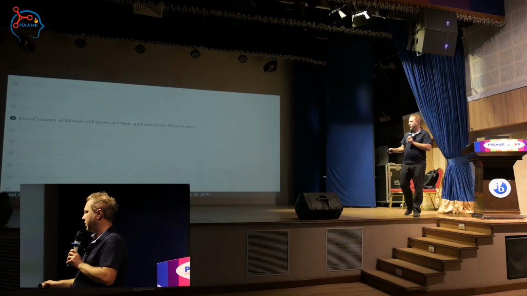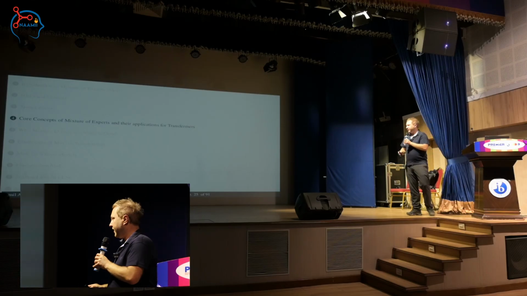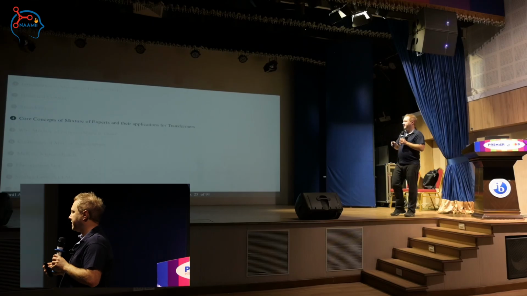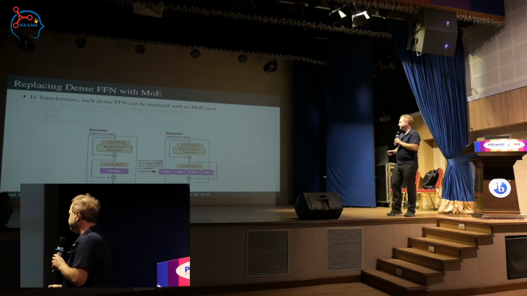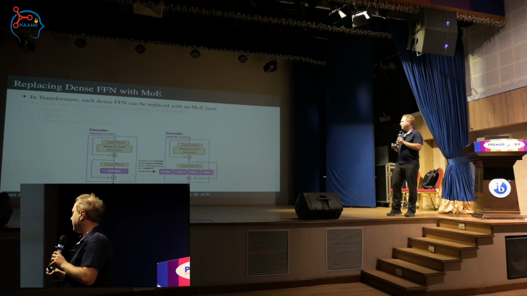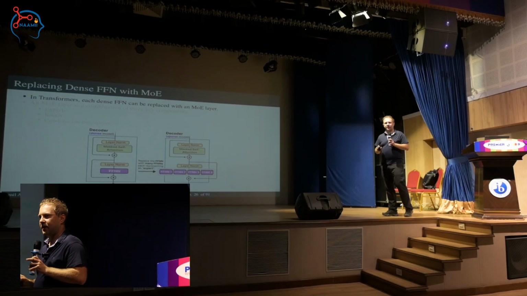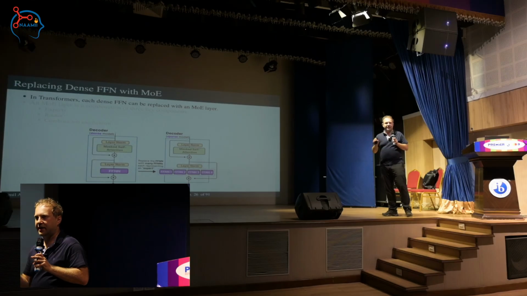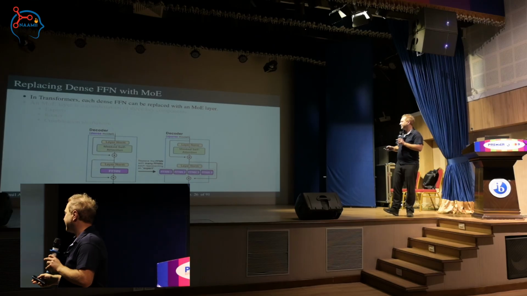Since we're now familiar with transformers and the FFN layer, let's dive into the mixture of experts and how it is applied in transformers. So in transformers, each FFN layer can be replaced with an MOE layer. And this is basically the key difference that makes mixture of experts work for transformers.